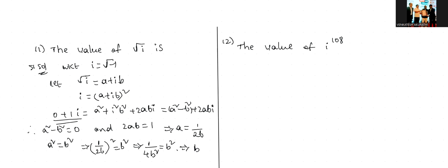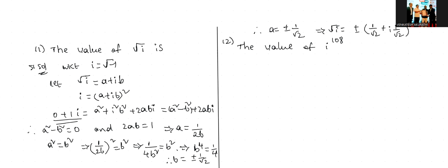Therefore, b is equal to plus or minus 1 by root 2. Therefore, a is equal to b, plus or minus 1 by root 2. That implies square root of i is equal to plus or minus 1 by root 2 plus i into 1 by root 2. This is the value.